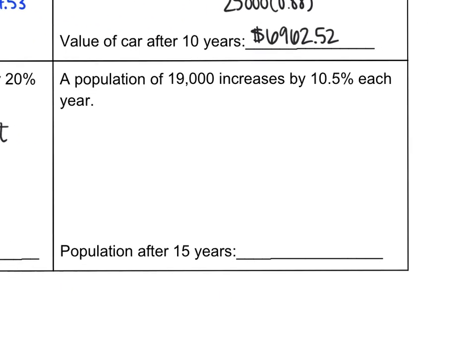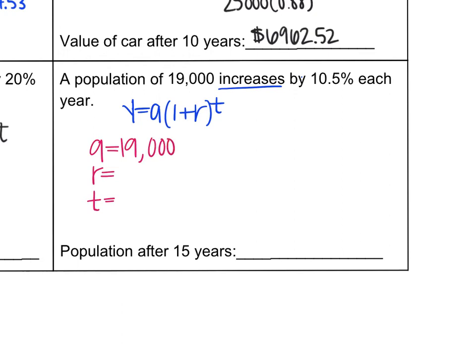And our last one, a population of 19,000 increases by 10.5% each year. Increases means I'll use my exponential growth. I'll go ahead and plug in A, R, T. A is 19,000.